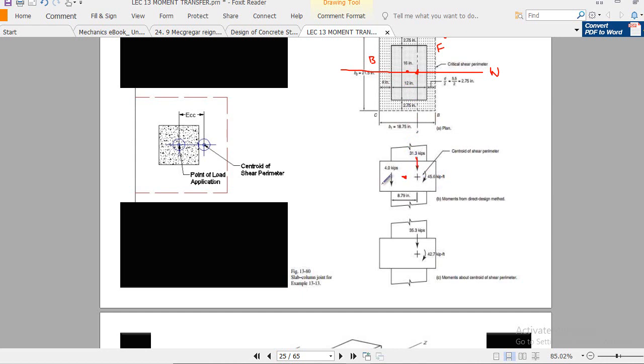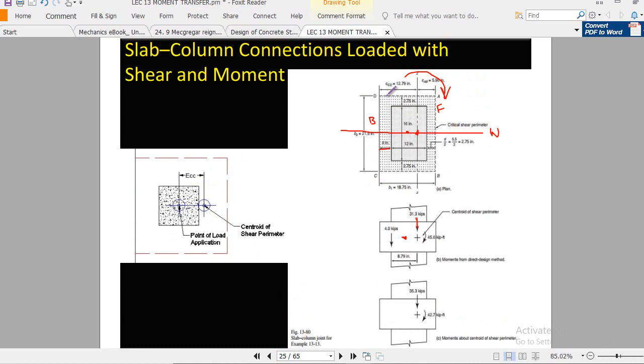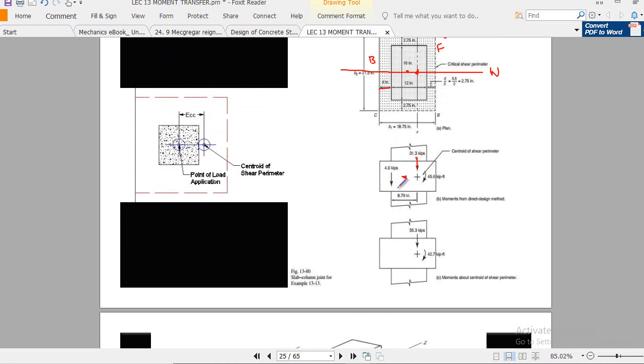Now you see this cantilever portion, and this is 4 inch. We already did this example in lecture number 10. This example we thoroughly explained in lecture number 10 by using the equivalent frame method. The loading of this cantilever portion, you see here, acts over the face of the column, and this is 4 kf.